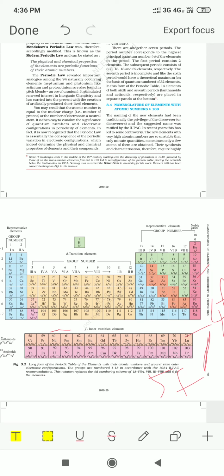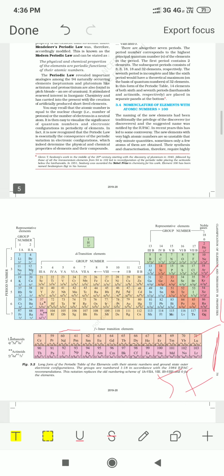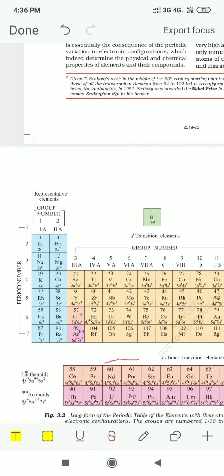After the first period we have the second period, starting from lithium and ending at neon, which has 8 elements. The third period also has 8 elements. After the third period, the fourth period has 18 elements.